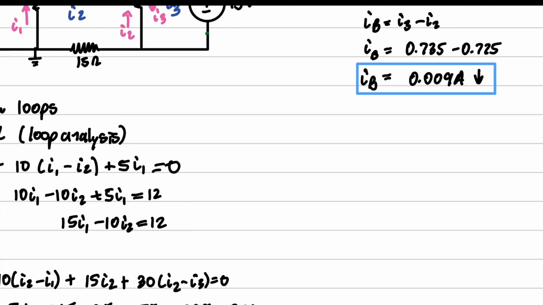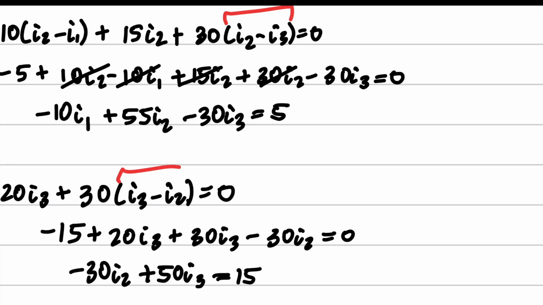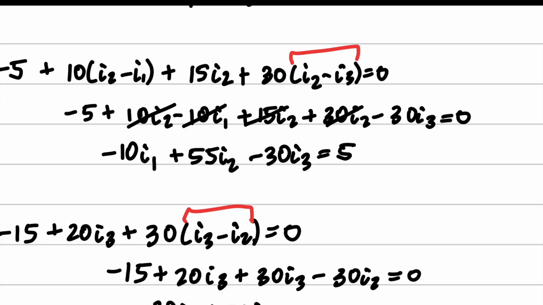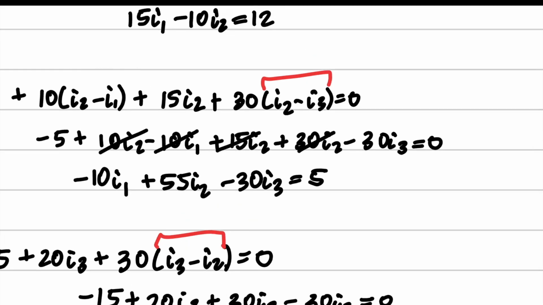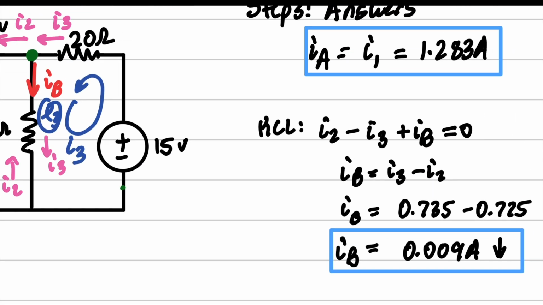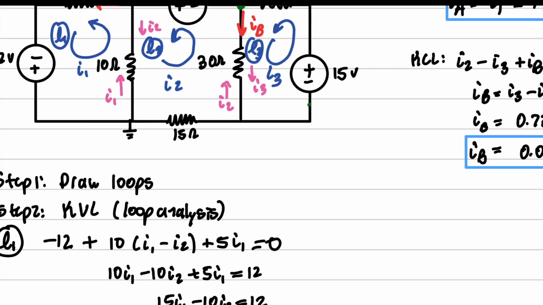Now, the other way that I was talking about, remember, is you can use these right here. However, you need to recognize which one is actually going in the physically correct direction. We know this one is going in the physically correct direction because of our KCL right here. Because we found that I3 is actually going into here.